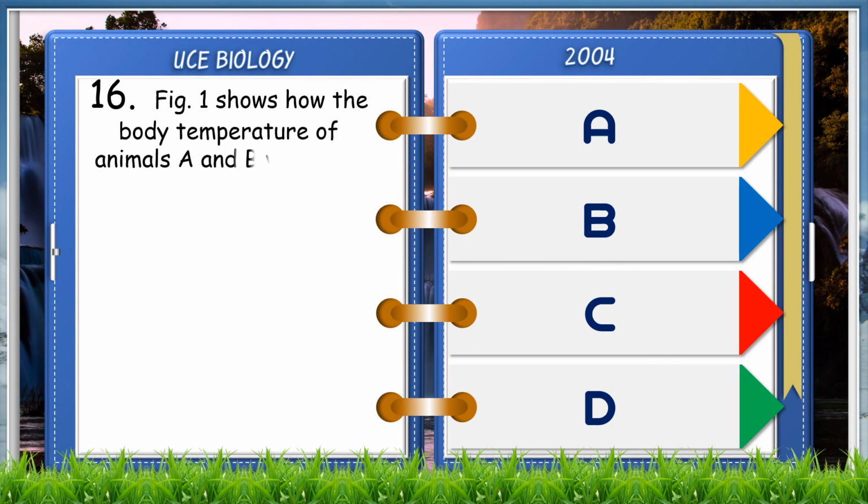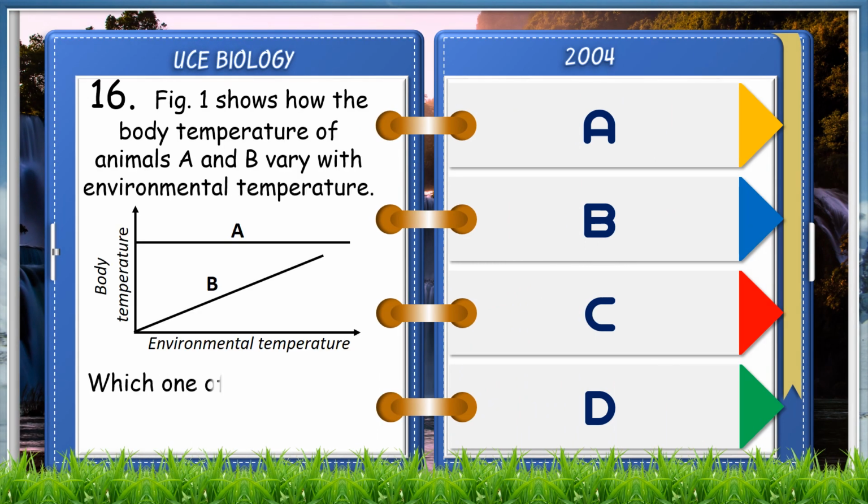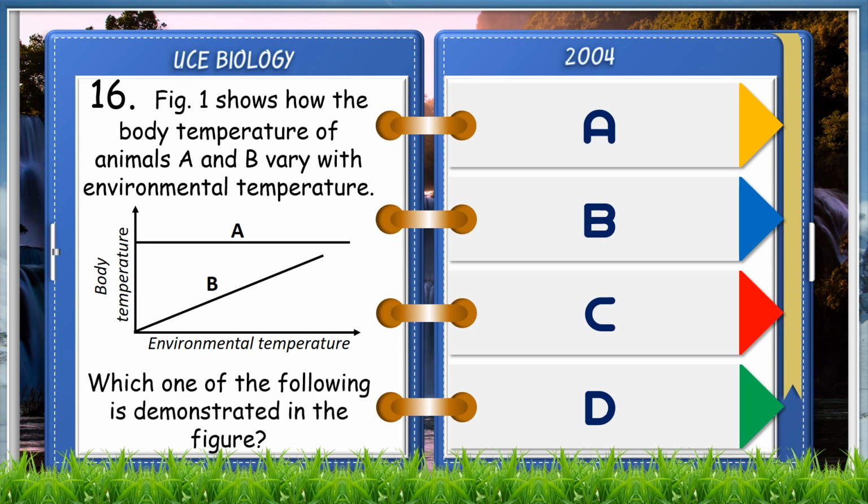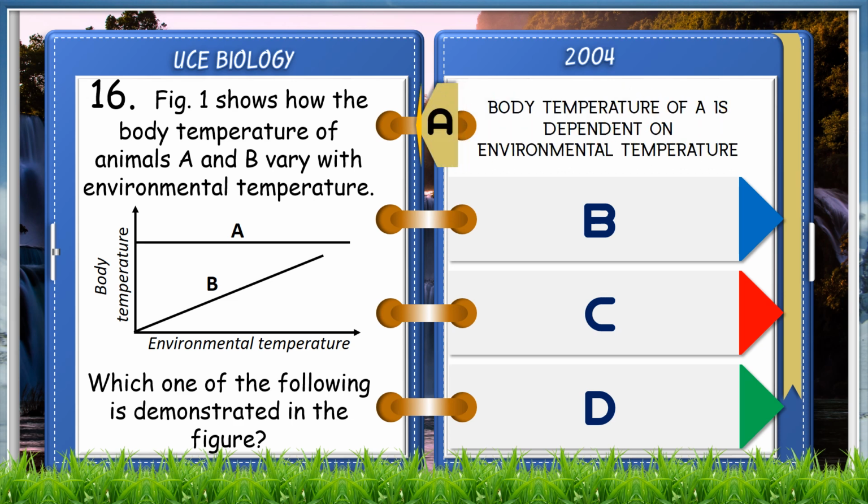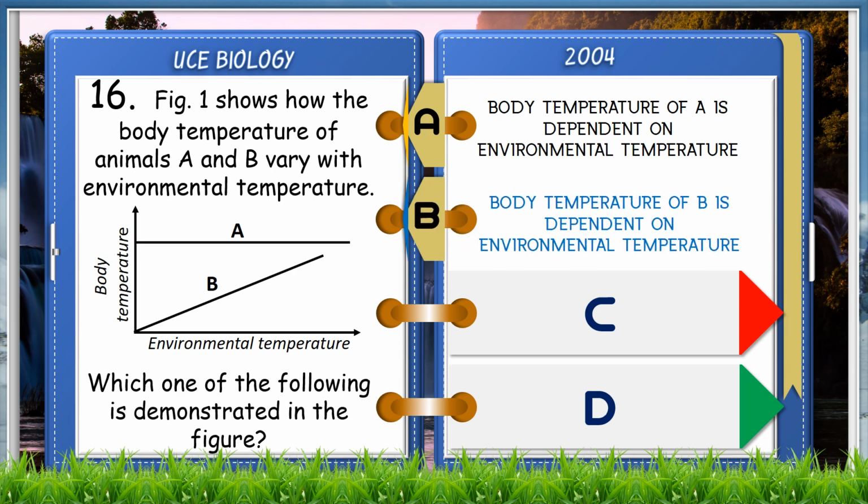Figure 1 shows how the body temperature of animals A and B vary with environmental temperature. Which one of the following is demonstrated in the figure? A. Body temperature of A is dependent on environmental temperature. B. Body temperature of B is dependent on environmental temperature.